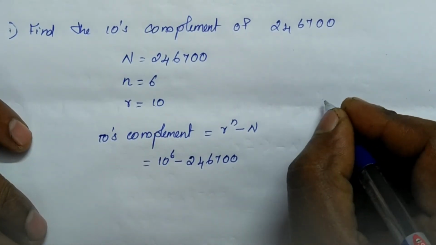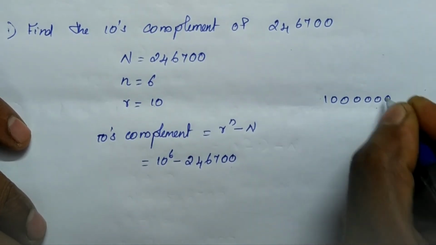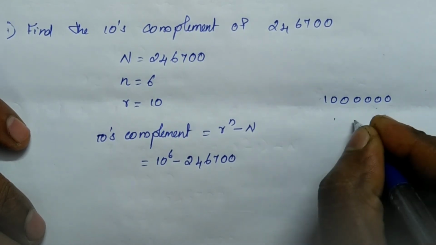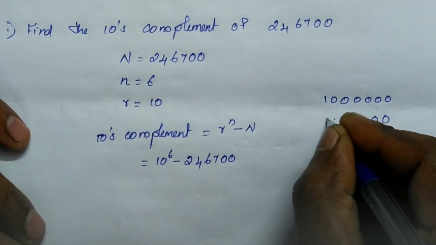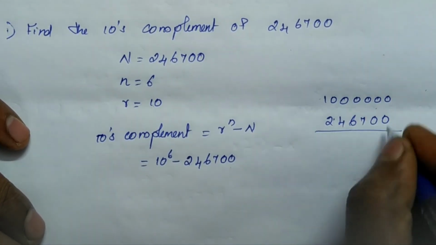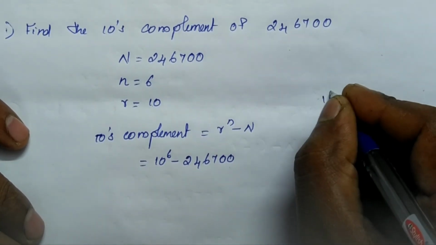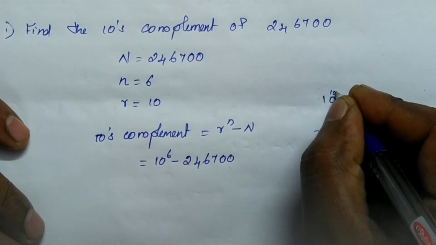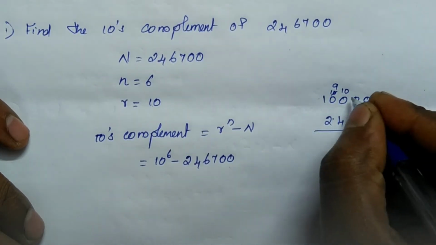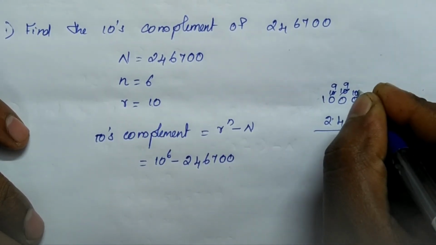So if you subtract these values, 1 0 0 0 0 0 0 minus 2 4 6 7 0 0, we need to subtract these two values. Here 0, here 0, we are borrowing, so here it's 10, again we are borrowing, therefore here it's 9, here the value is 10. Again we are borrowing, again 9, here the value 10.